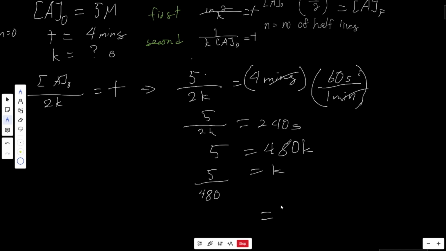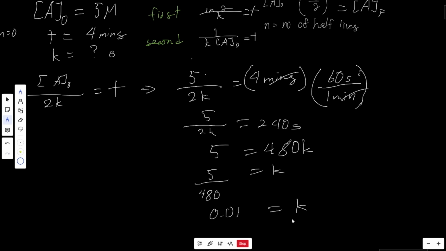And that would be equal to 0.01. Hold on, I'm running out of space.